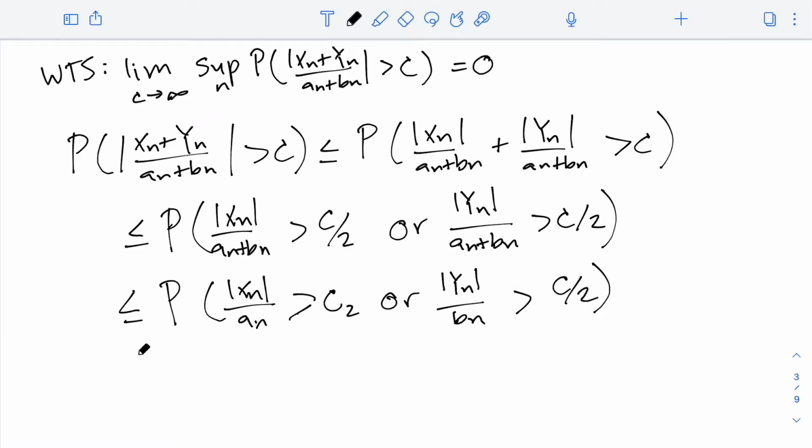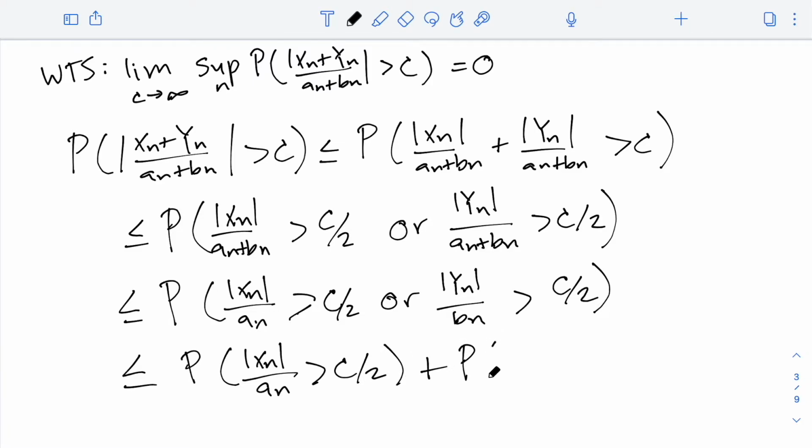And this is less than or equal to, we know that the probability of one thing or the other is less than or equal to the probability of one plus the probability of the other. We get equality if the two are just disjoint. So this is less than or equal to the probability that |Xn| over an is greater than c over 2 plus the probability that |Yn| over bn is greater than c over 2.